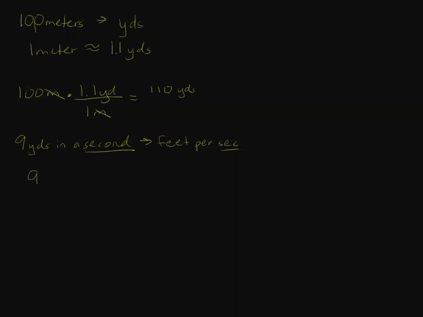But we have 9 yards over 1 second. We're going to multiply. Now we're going to feet. So 3 feet is 1 yard, so whatever we're going to goes on top. Now these cancel out, and you get 27 feet per second. So whatever you're going to goes on top.